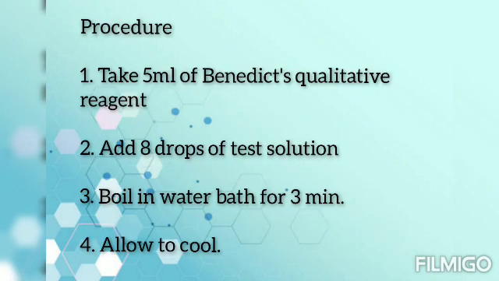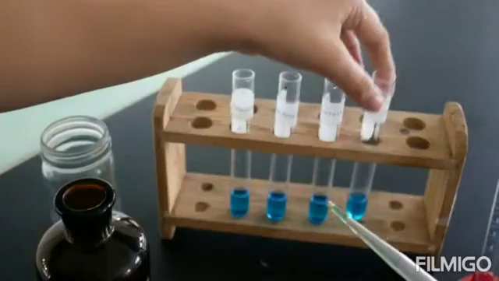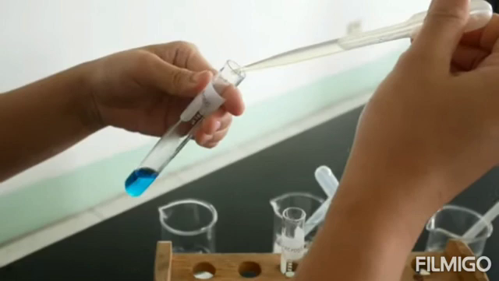Procedure: take 5 ml of Benedict's qualitative reagent, add 8 drops of test solution. Then boil this solution in a water bath for 3 minutes and allow the test tubes to cool. Here we have taken 5 ml of the Benedict's reagent into each test tube, marked as glucose, fructose, sucrose and lactose.